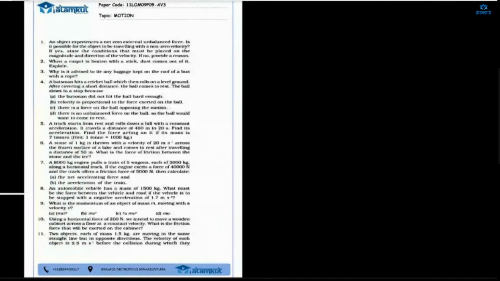Ma'am, will you teach flotation or not? Because this year flotation is eliminated. Yes, ma'am, pressure in fluids has been added, and a little part of flotation. I saw the new book. So I will do up to before flotation, and then we will first revise all the chapters: motion, laws of motion, and gravitation.